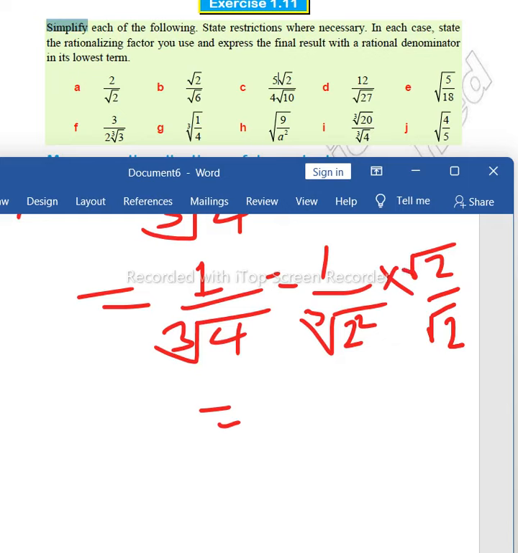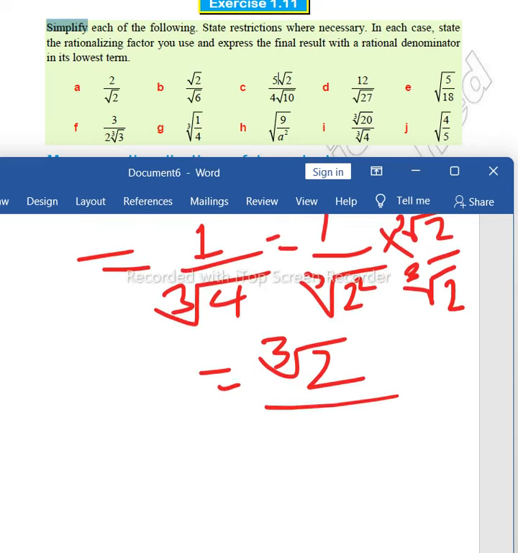So when we multiply 1 times the cube root of 2, it gives us the cube root of 2 over the cube root of 2 to the power of 2 times the cube root of 2, which gives us the cube root of 8.